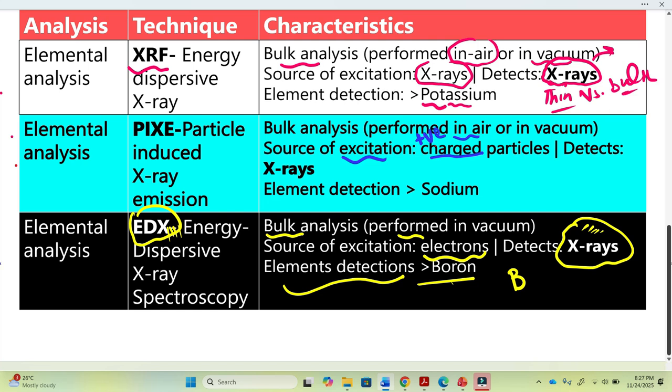And again we detect X-ray, and these X-rays contain similar information just like XRF and EDX. Now the element detection is higher than sodium, but importantly, I will make a separate video on this technique, but this technique is basically multi-element detection. So this is a more powerful technique than the other two techniques.